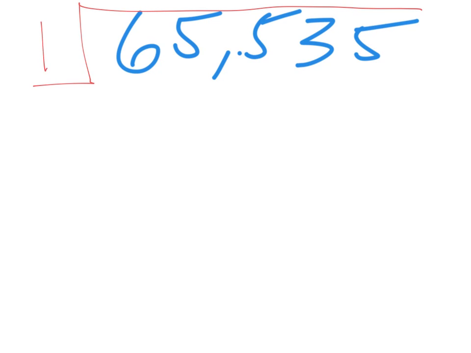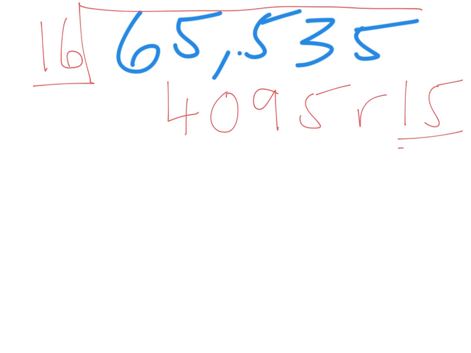So we divide it by 16. I don't have a calculator, so can someone tell me what we get? You would get 4,095 with a remainder of 15. The remainders are important here.